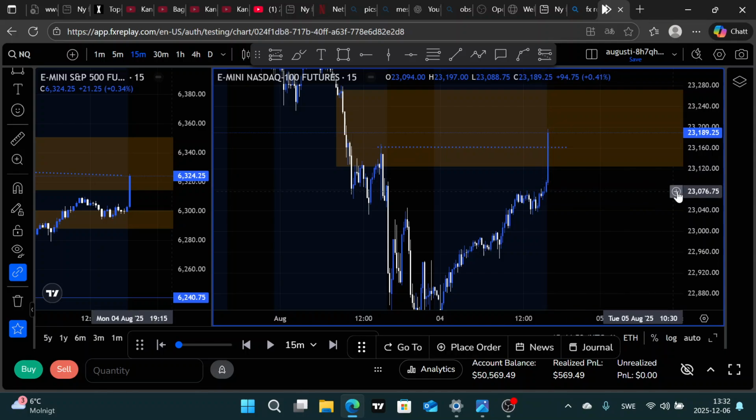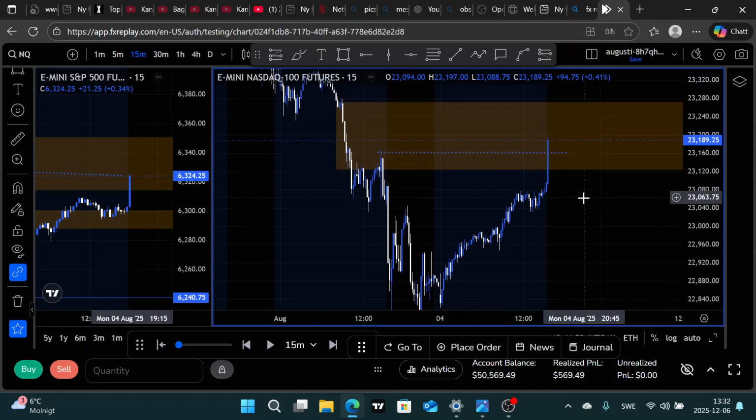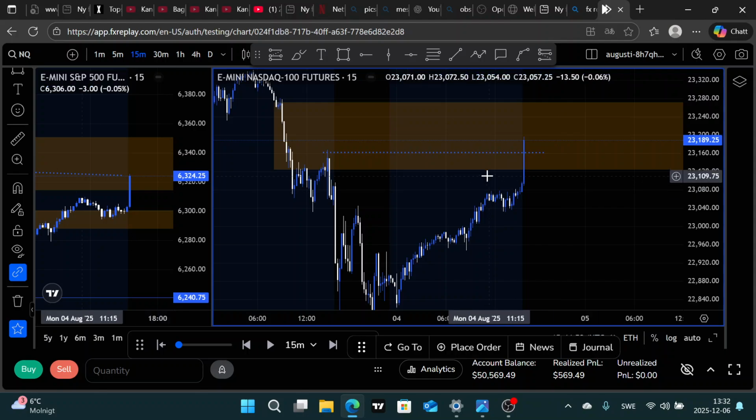So I need to see, if I want the market to go higher, I need to see it go lower first.